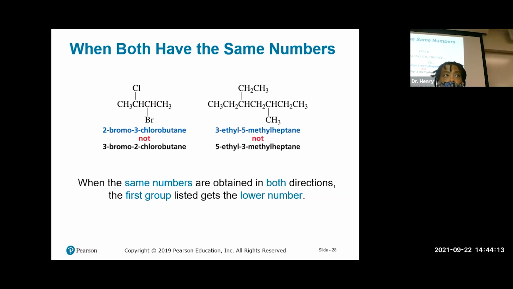Bromine, B, C. So you want to give bromine the lowest number if you have an option. Here I have an option. I could give bromine 3, or I can give bromine 2. Which one am I going to give him? I'm going to give him the lower number because it's the one that I'm going to be mentioning first. Does that make sense? Yeah, because they're the same priority.